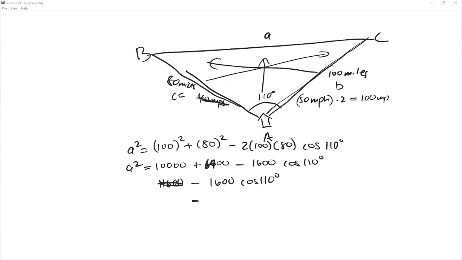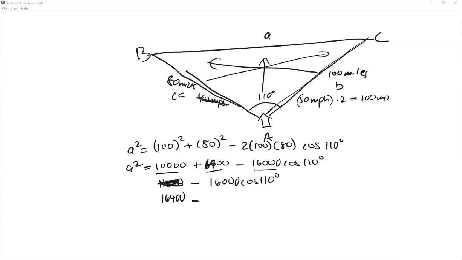So 10,000 plus 6,400 is 16,400. Now 2 times 100 times 80, sorry, I did it in my head and I'm bad with this. 200 times 80 should be 16,000. So it should be 10,000 plus 6,400 plus 16,000 cosine 110.